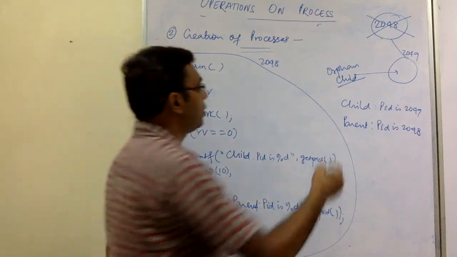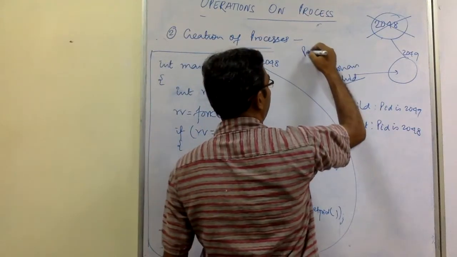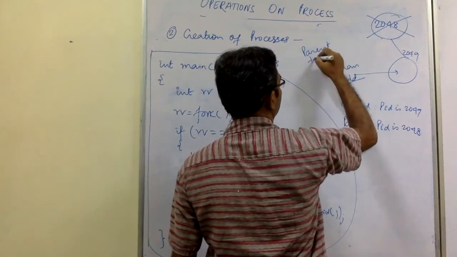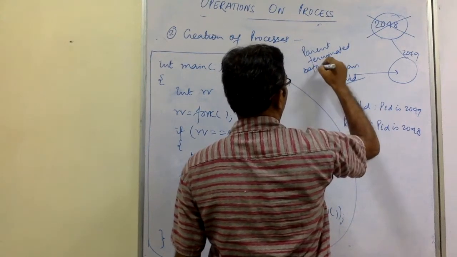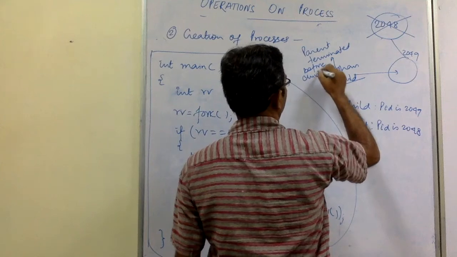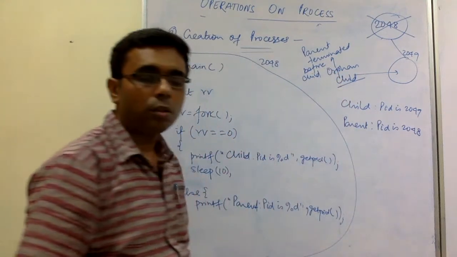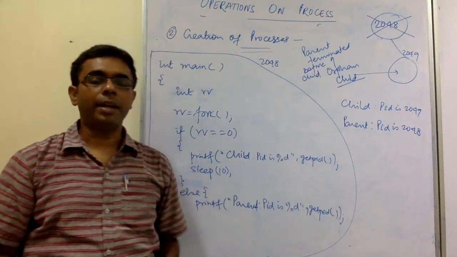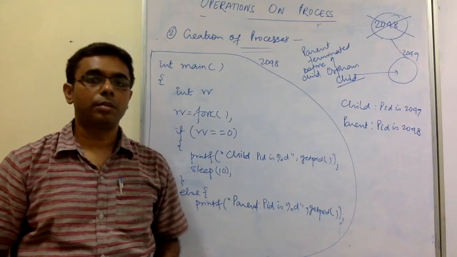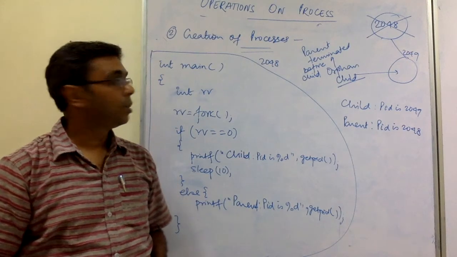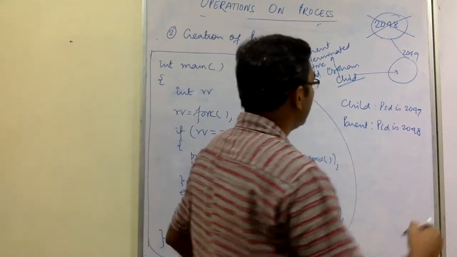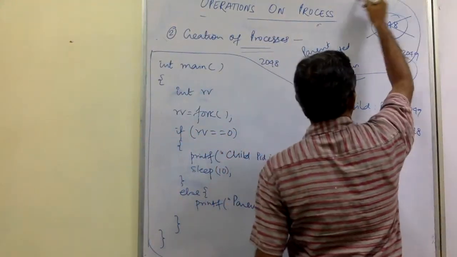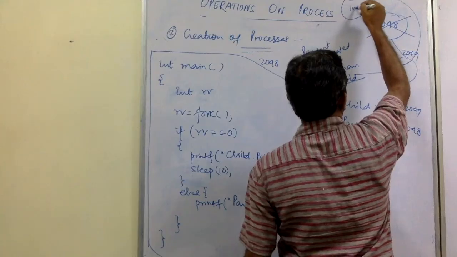So an orphan child is one whose parent terminated before the child. But no process can exist without its parent. So in that case, the operating system comes to the rescue. And what it does is, it assigns the init process.